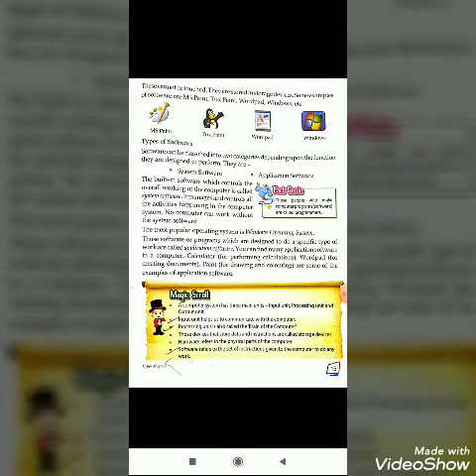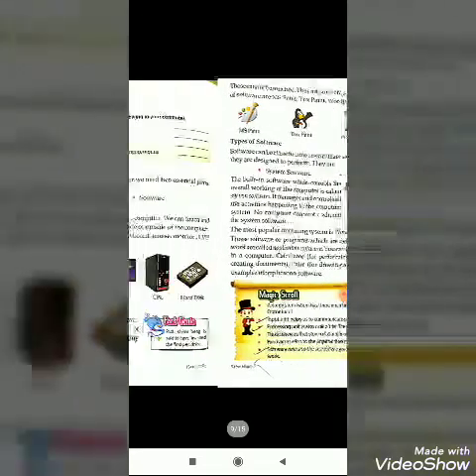For drawing and painting and coloring we need Paint. They are some examples of application software. I hope you all have understood chapter 1 again in revision very well.